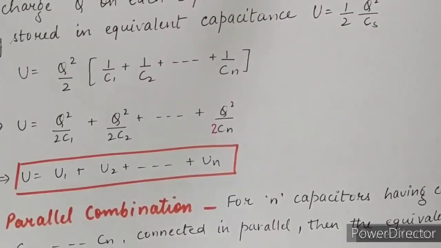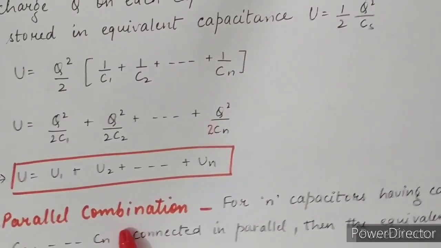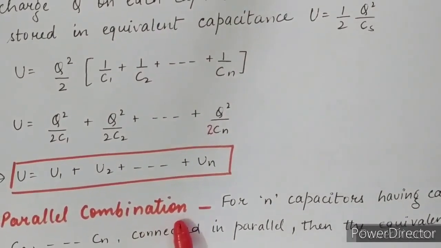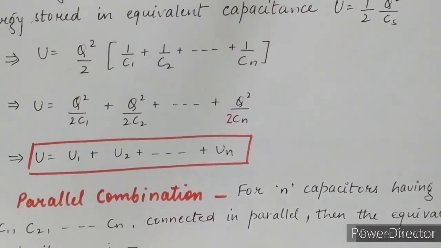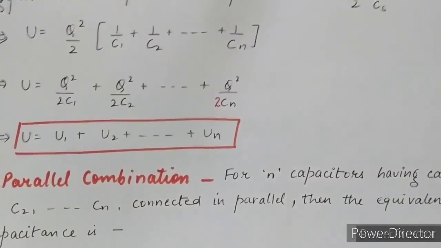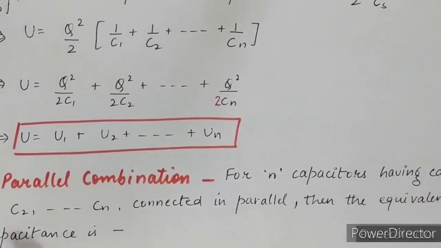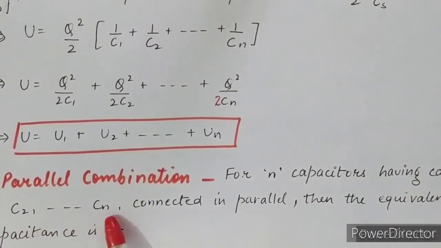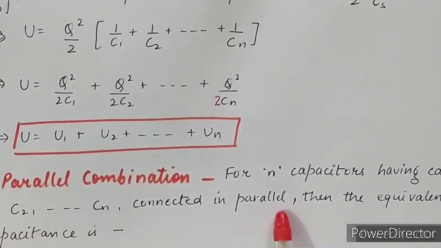Now we are discussing the second combination, the parallel combination. Also in this combination we are considering n capacitors, having capacitances C1, C2, and so on up to Cn, connected in parallel.